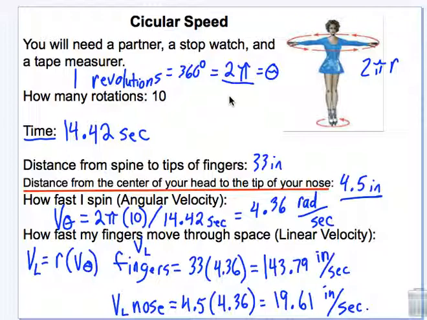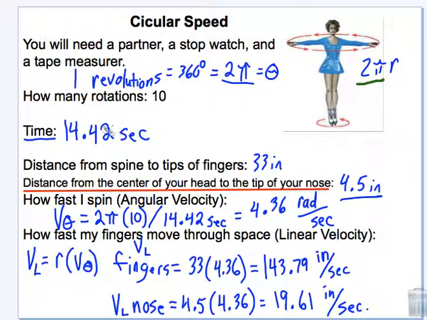So let's look at this again, and this time don't worry about converting to how many revolutions I can do in 1 second. We're just going to find our angular velocity with the number of radians it takes to do 1 complete circle, and that's just going to be 2 pi.